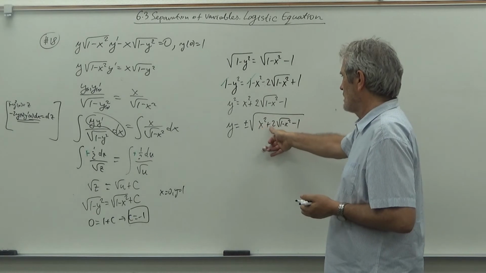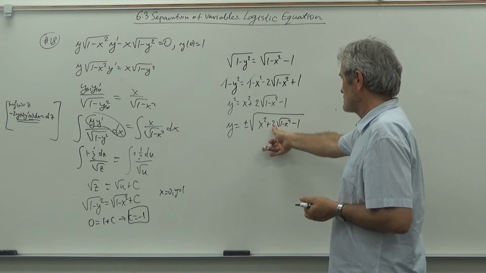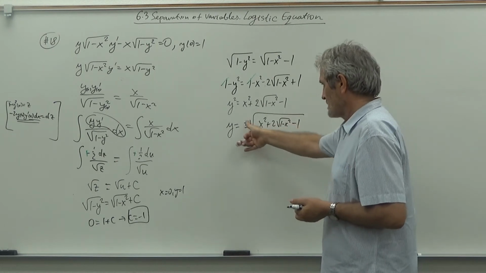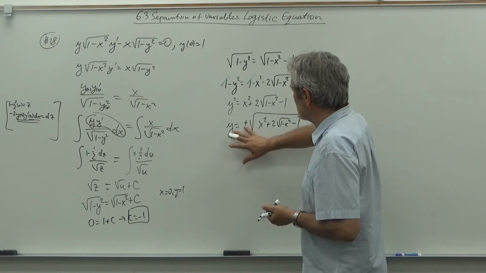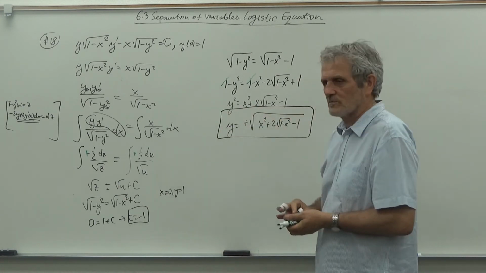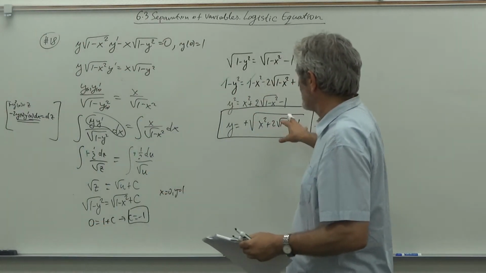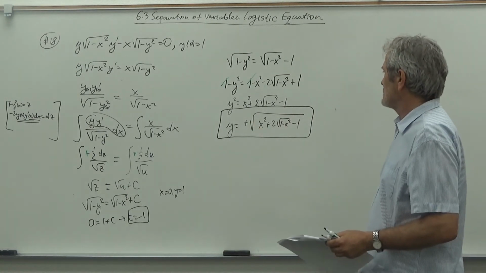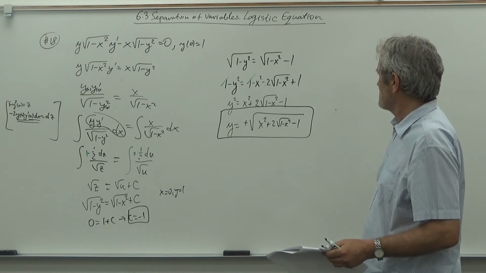We'll get 0 plus 2 is 2, 2 minus 1 is 1, so we get plus or minus the square root of 1. We cannot afford that, so if I put minus, my IVP would be ruined, so I just choose plus, and that's the solution. You see, even if it was a little more complicated, we were able to solve it. When you look at my notes, I didn't even finish this last part. I think it is better if we do this little polishing, especially since we chose the sign, so it's a little nicer. Did I mess it up somewhere? I hope I didn't. It looks good.